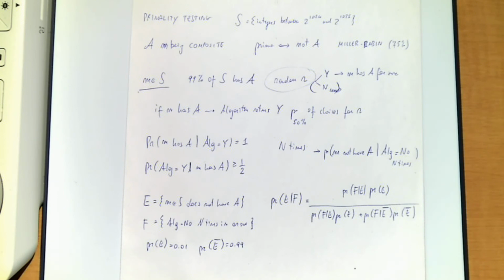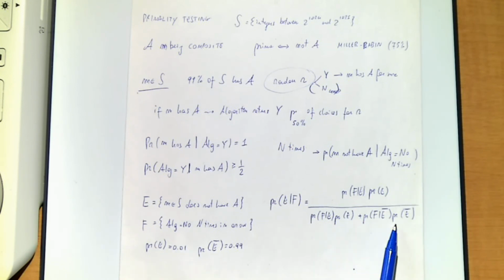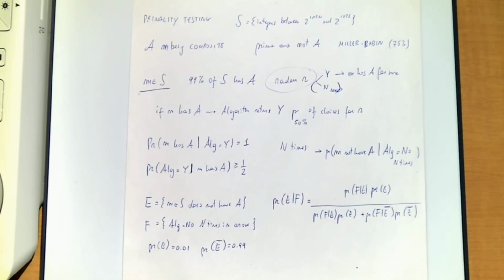But this is just for ease of calculation. Okay, now we've done E and not E. Now, what are the other pieces? What's the probability of F given E? That's the last piece of the puzzle. So F given E is the probability the algorithm outputs no, given that M is a prime.